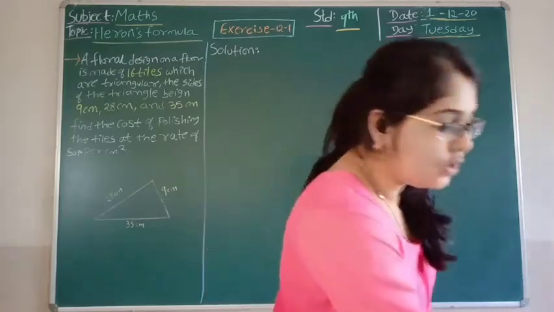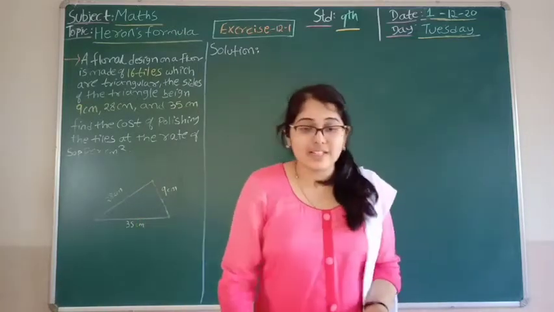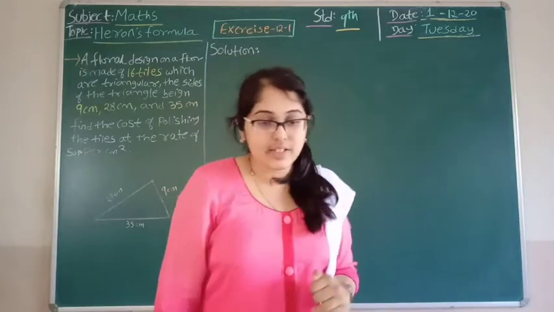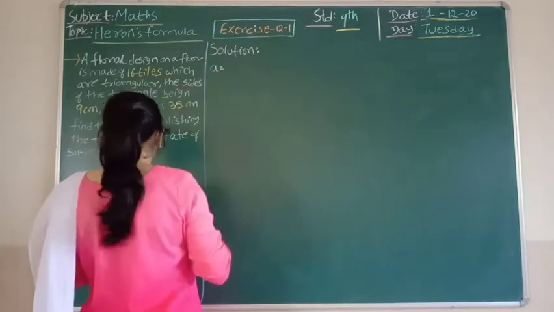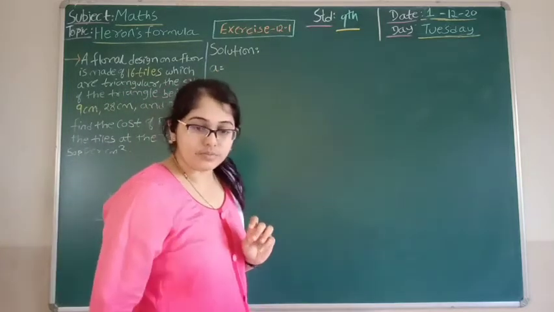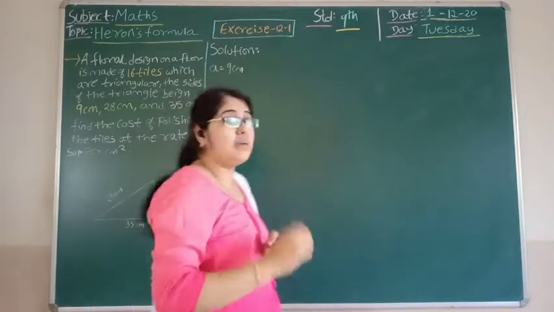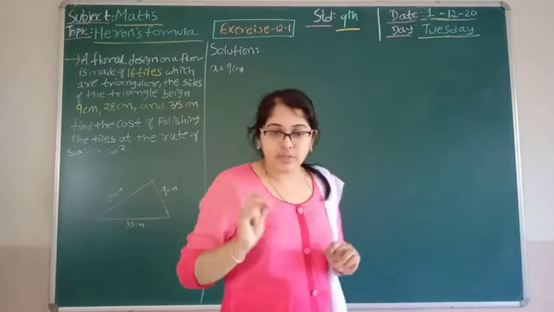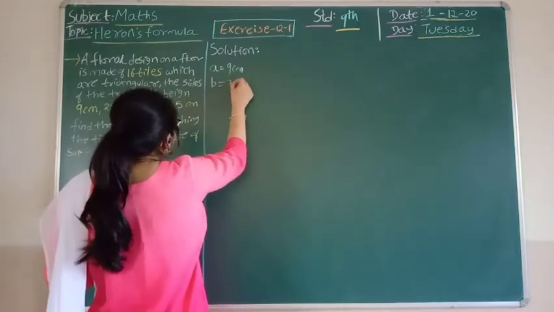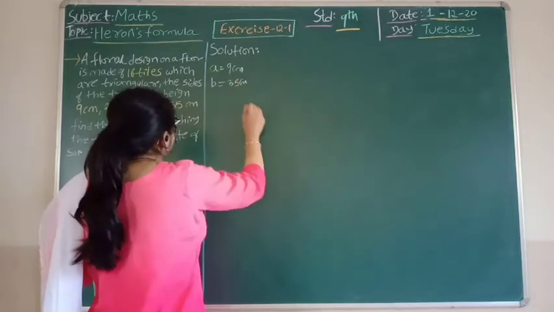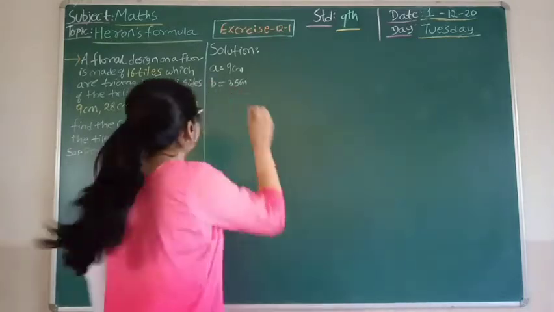Heron's formula is in terms of the sides, so let us consider a equals 9 cm, b equals 35 cm, and c equals 28 cm.